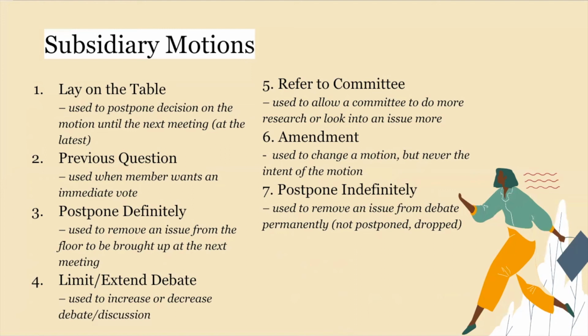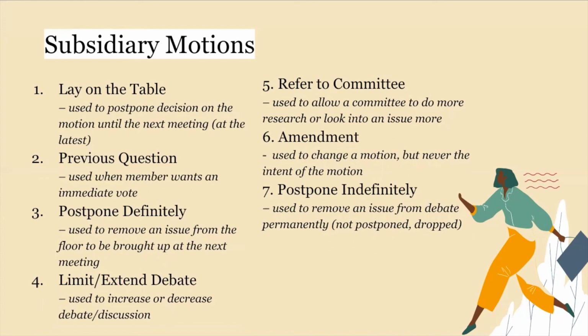So it just makes it so that you can drag out something and give it a little bit more time if you feel like it shouldn't be voted on or a decision shouldn't be made on whatever is being presented at that time. This is a very useful motion, so take note of that.